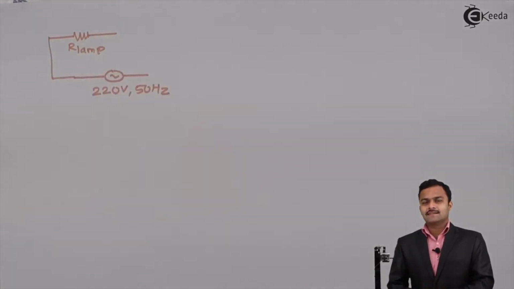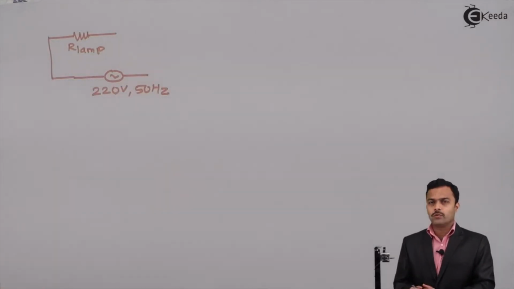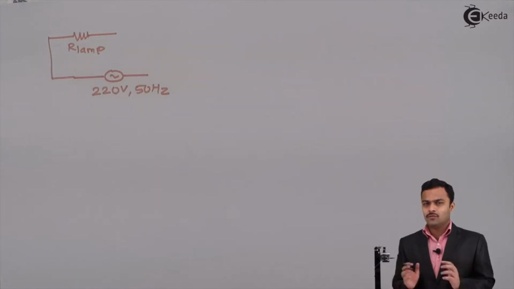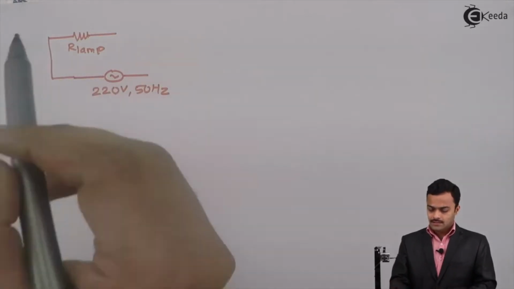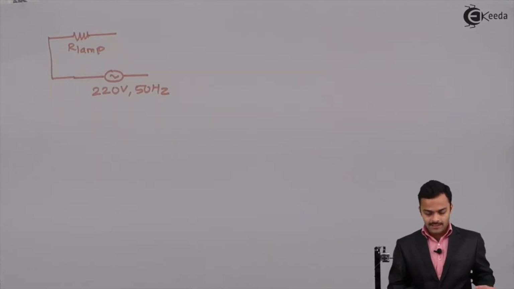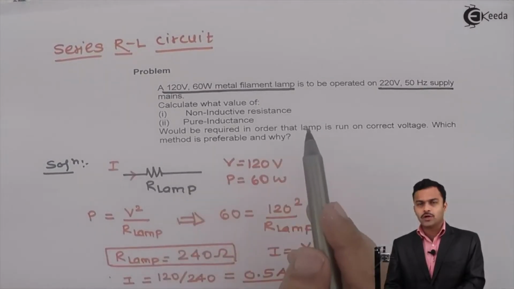But the problem is that the lamp is just taking 120 volt. So definitely some external parameter is required to consume the remaining voltage. Out of 220, 120 is going across the lamp, the remaining 100 needs to be absorbed by some other element. And here they have mentioned a non-inductive resistance or a pure inductance.